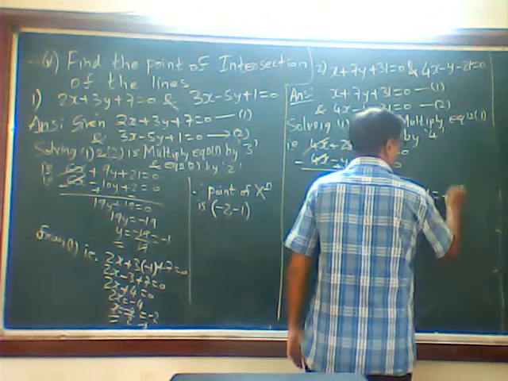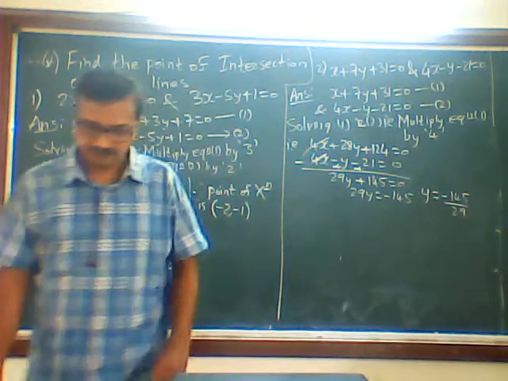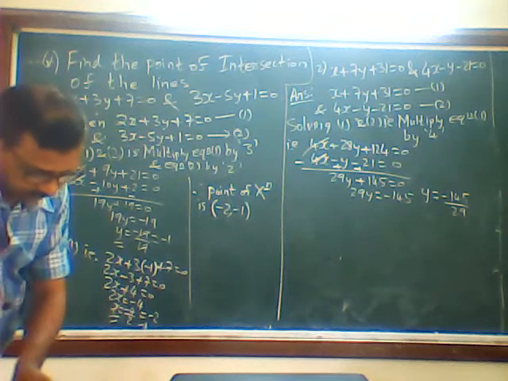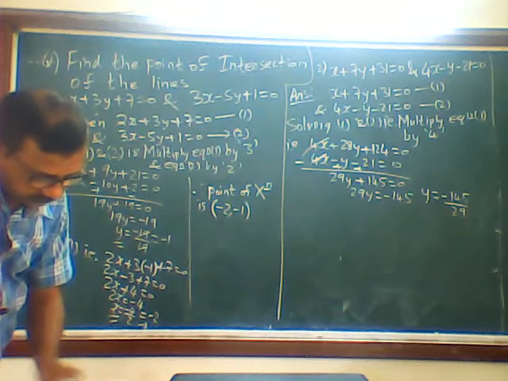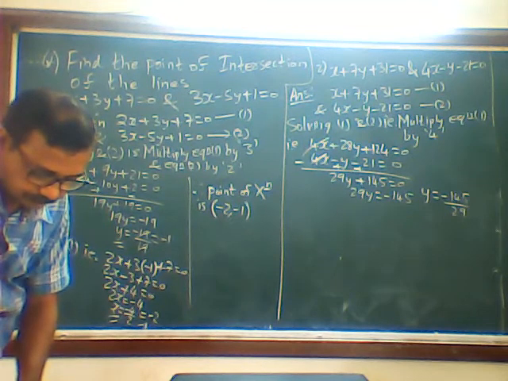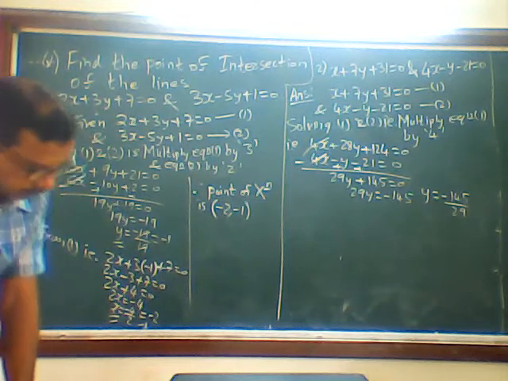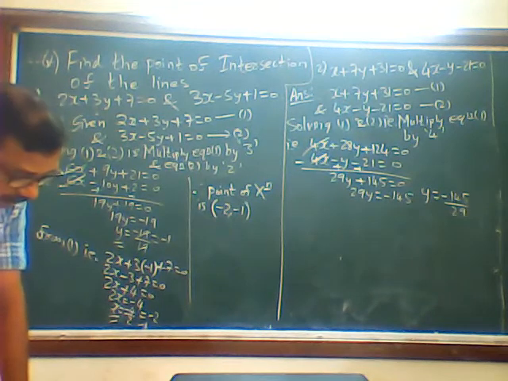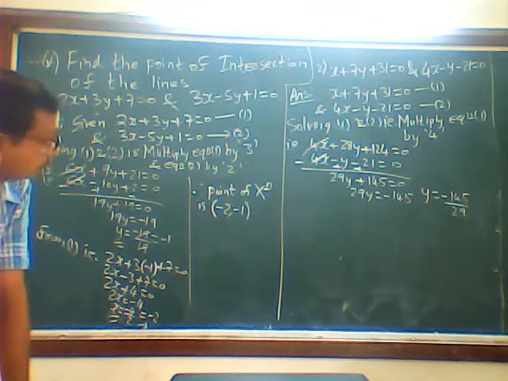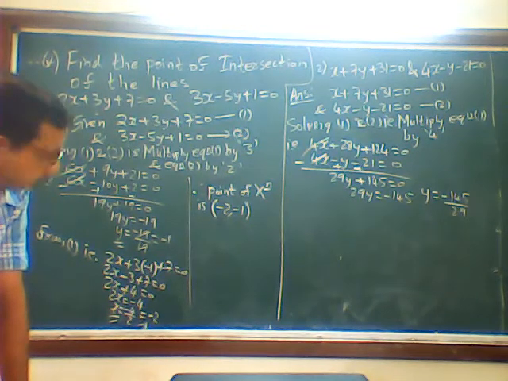Therefore y is what? One minute, I'll check the answer. Check the question: x plus 7y plus 31 is equal to 0, and 4x minus y minus 21 is equal to 0.